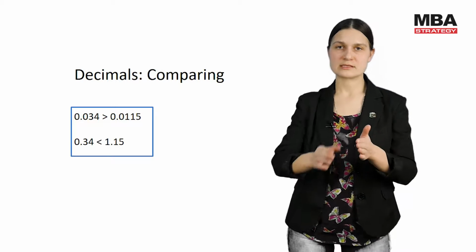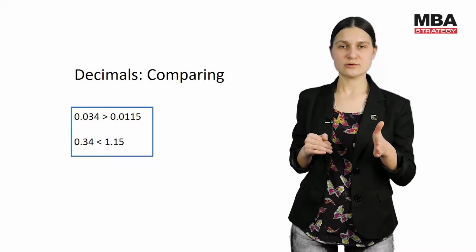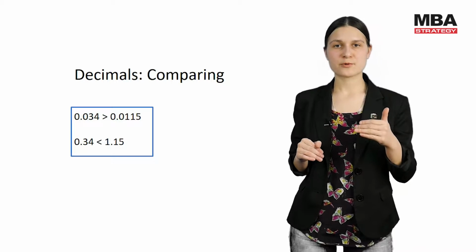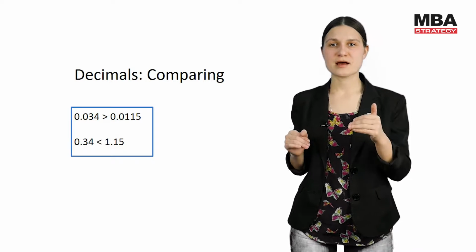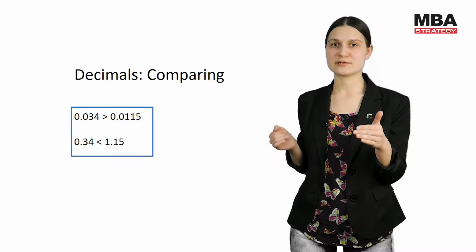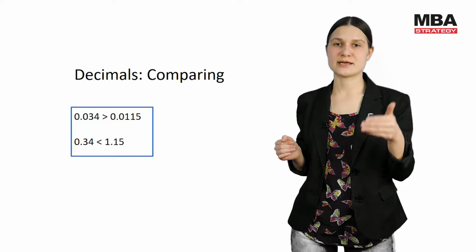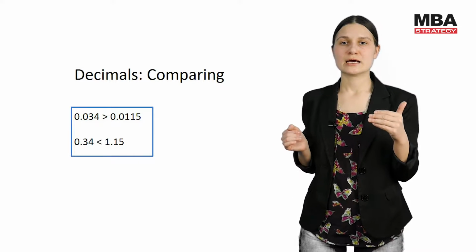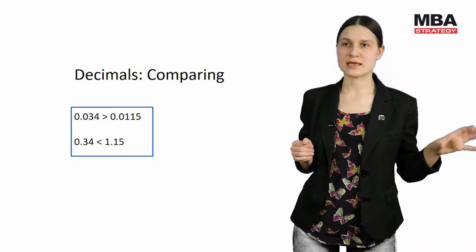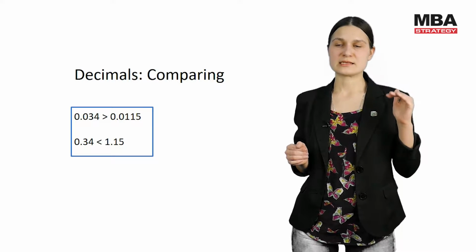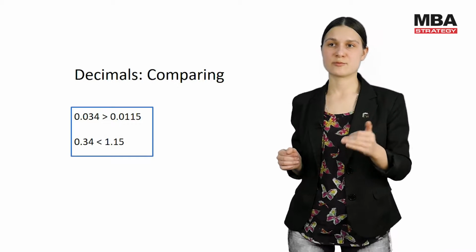So there is 0 and then 0, they are equal. Then after the point there is still 0 and 0, they are equal. And the first number after zeros in the second number is 1, and 3 is greater than 1. So the first meaningful number is greater in the first number, making 0.034 greater than 0.0115.